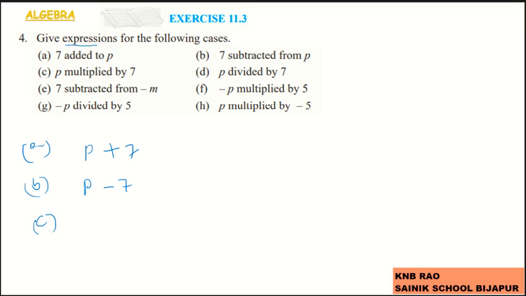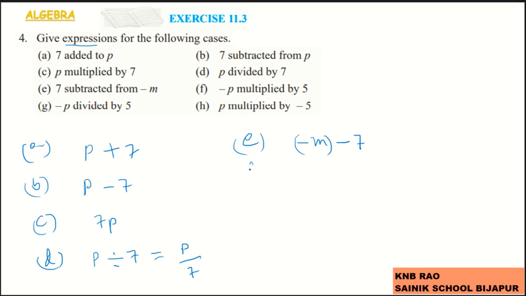Then p multiplied by 7, so it is 7p, and p divided by 7 is nothing but p upon 7. Another, E: 7 subtracted from minus m, so minus m minus 7. From minus m, 7 is subtracted.